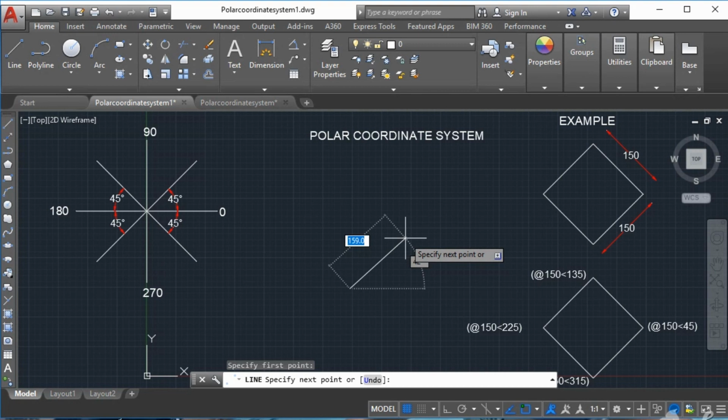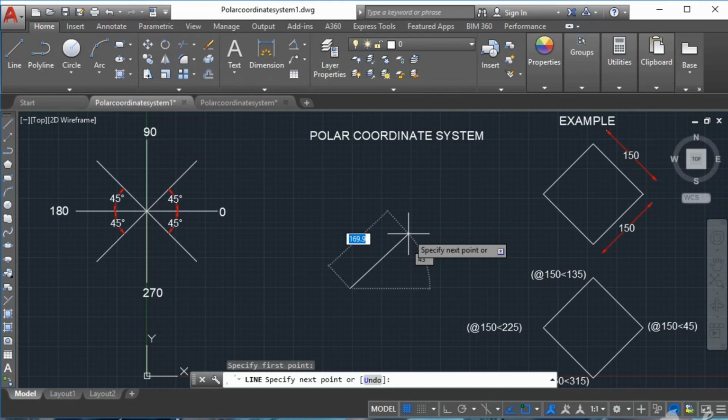As we discussed before, first we want to type the @ symbol and then distance and then angle. No need to type x and y coordinates and no need to type the negative direction minus and positive direction like that.